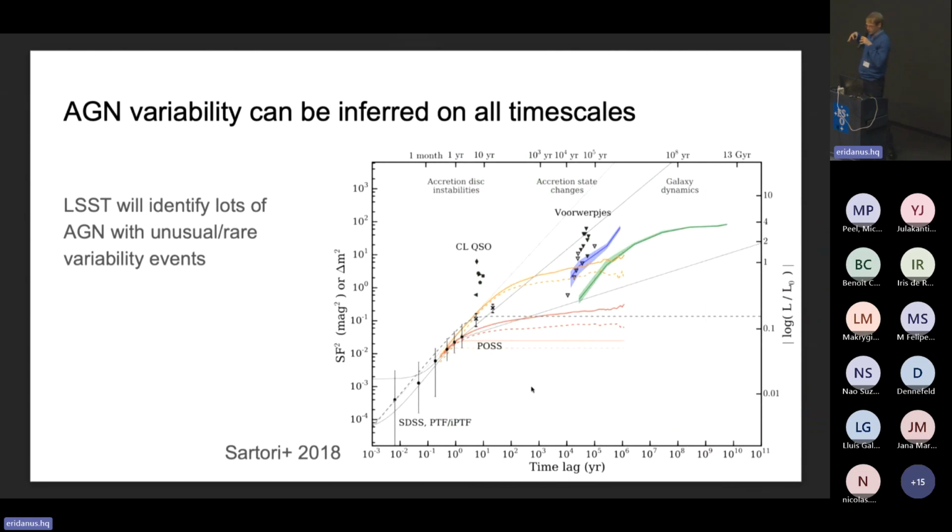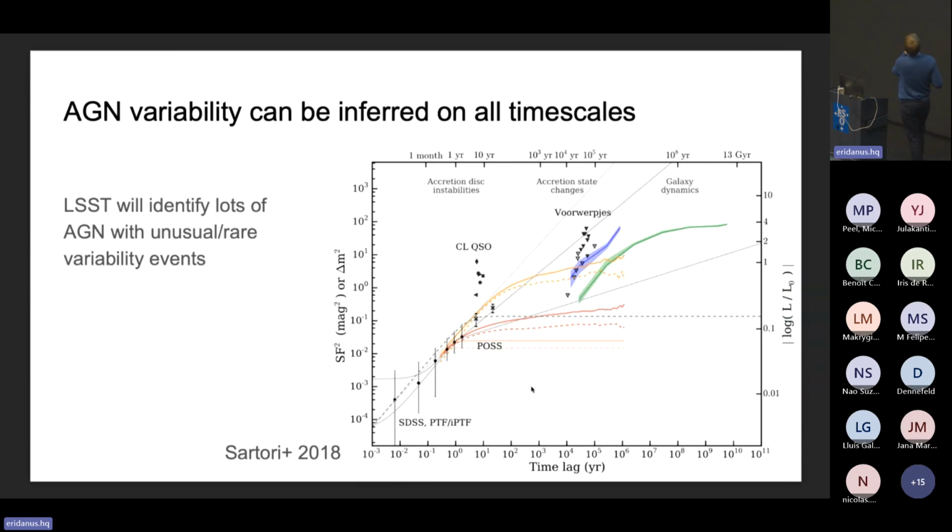So continuing on this theme, right, AGN vary, all AGN vary, but actually the longer you wait, the more they vary. So this is a nice plot from Leo Sartori's paper, where on the x-axis here, you're looking at the time scale of the process you're looking at. And so going from days over here all the way up to billions of years, right? And the y-axis here is effectively the average change in magnitude, the so-called structure function that you might expect to see across the population.